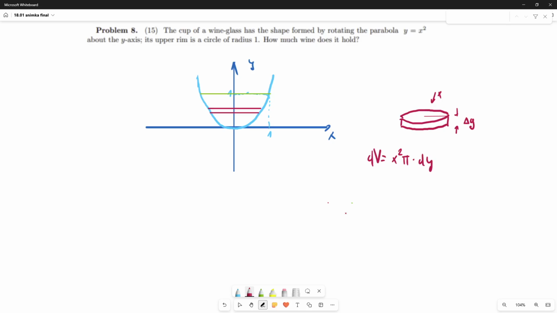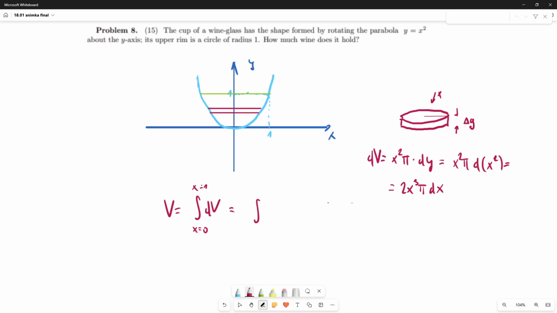However, we need to transform dy into dx, and in this case we have x squared times pi times d of x squared, that is 2x to the power of 3 times pi times dx. We obtain the full volume by integrating the volume dV from x equal to 0 to x equal to 1.